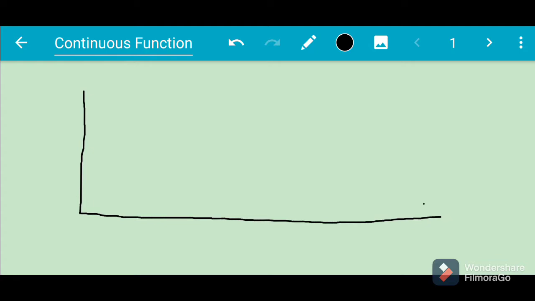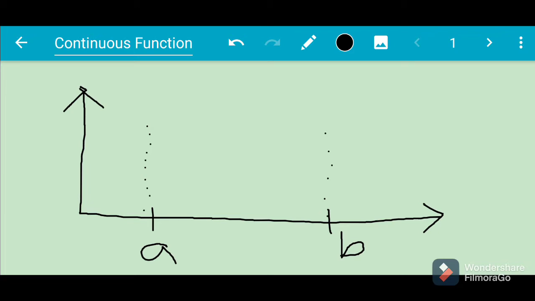Suppose this is the x-axis and y-axis. The function is defined from a to b. So this is the boundary for the function.